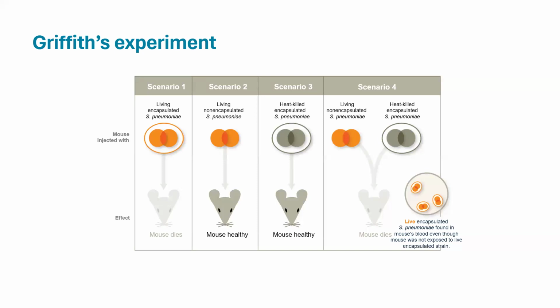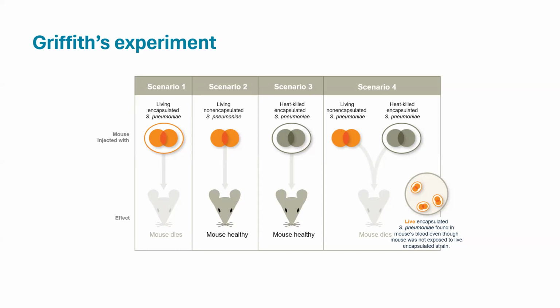So S. pneumoniae requires this capsule, which is this extracellular polysaccharide coat, to be infective. So if S. pneumoniae has the capsule, it kills mice that it infects. However, if S. pneumoniae does not have the capsule, it will not kill the mice.